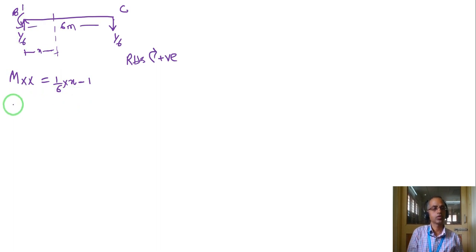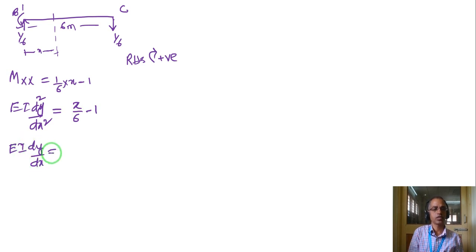Okay, so this is EI d square y by dx square is x by 6 minus 1, integrating will give me EI dy by dx is equal to x square by 12 minus x plus C1.